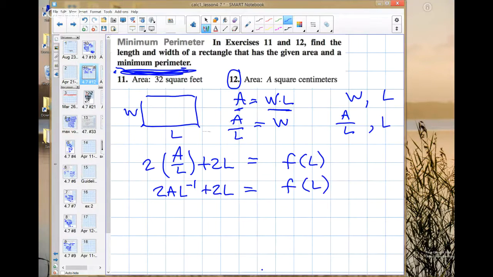Now let's take the derivative. Over on this first one, remember A is a constant, so 2A is a constant. So we do the power rule, we get negative 2A plus 2 equals the derivative. Okay, what did I do? Hang on, I'm goofy.